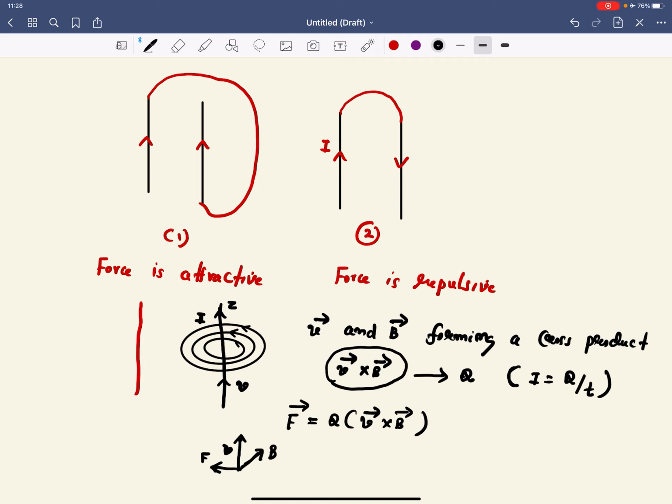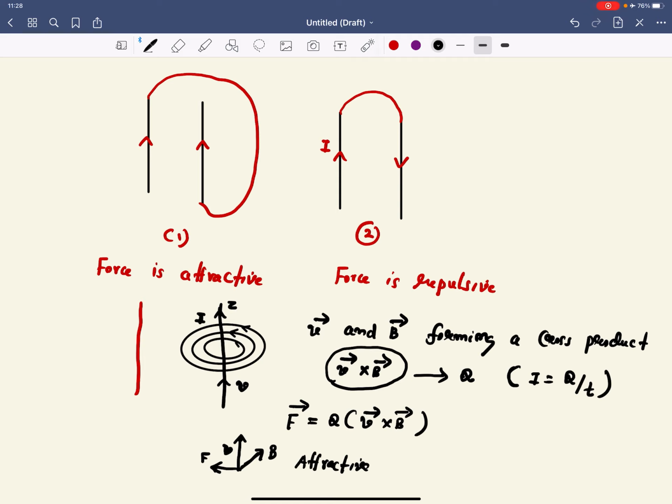So that means the force is directed towards the other wire, therefore this is attractive. Hope you understood this point. In the other case, if you have anti-parallel currents, the force is going to be repulsive.